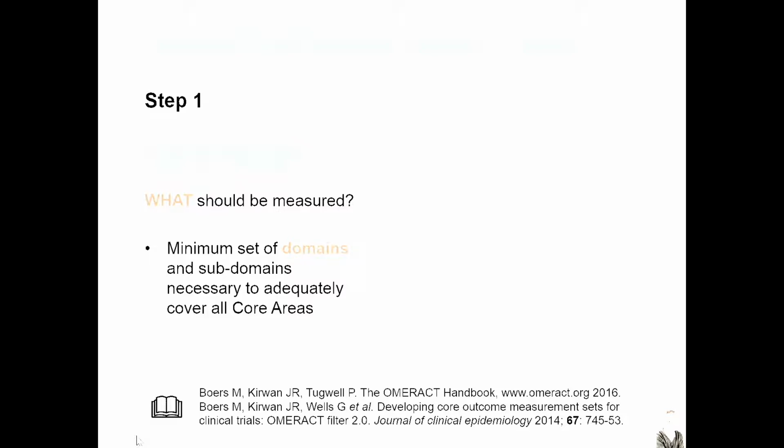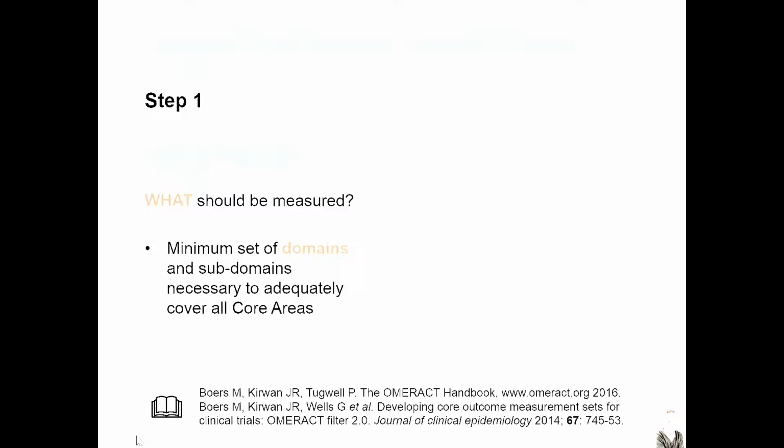So this is a broad stakeholder initiative where all stakeholders are asked to inform the working group what they think is important to measure in every clinical trial. OMERACT only deals with clinical trials and observational studies.